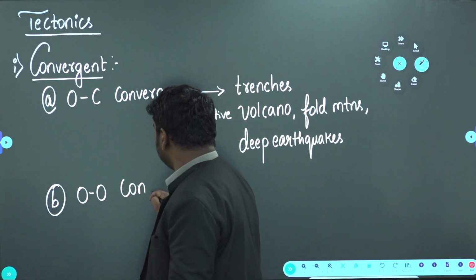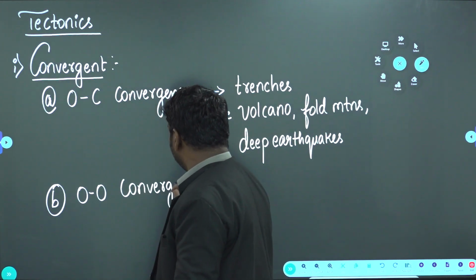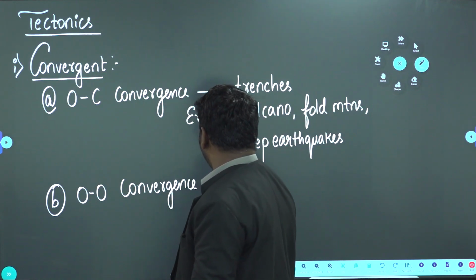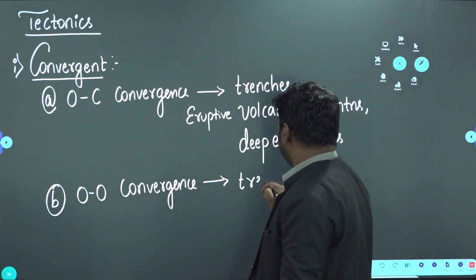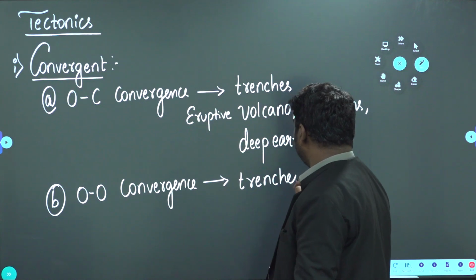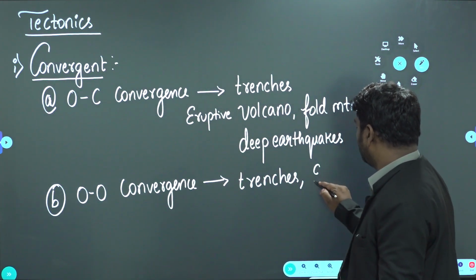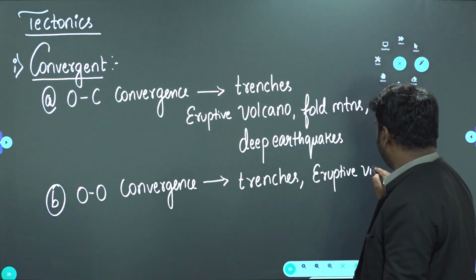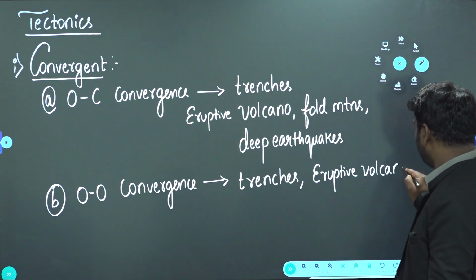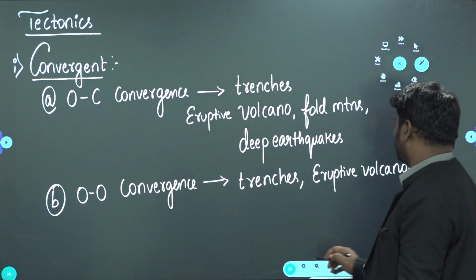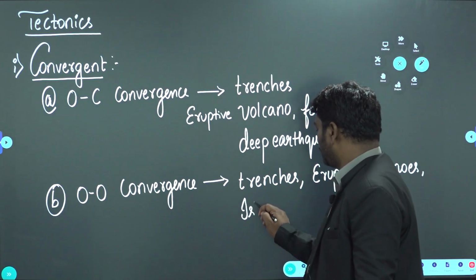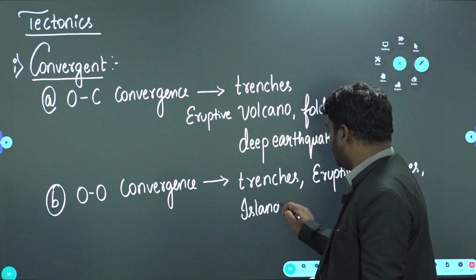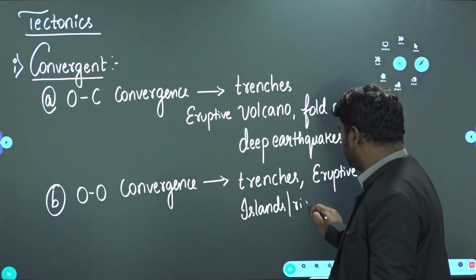Ocean convergence. Again, trenches will be there. Eruptive volcanoes will be there. Islands or ridges will be formed.